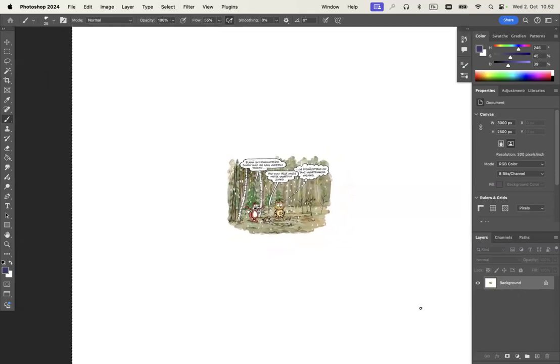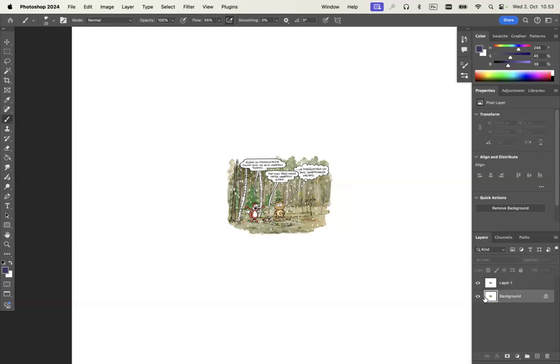And I'll just take this on its own layer. Fill the back layer with white.